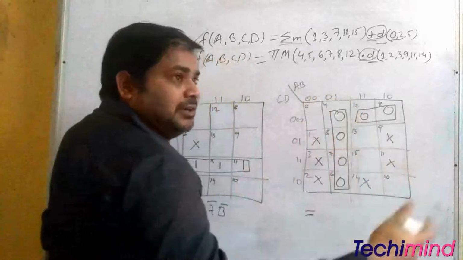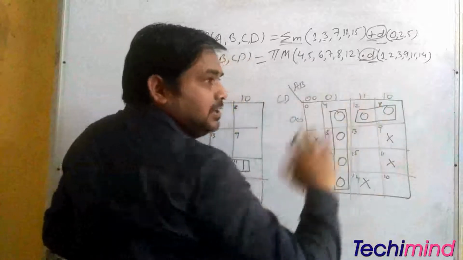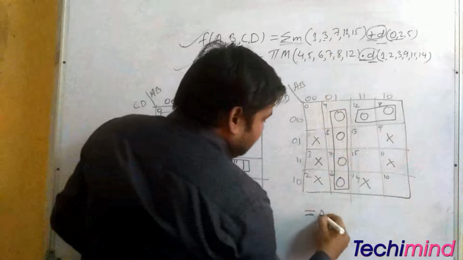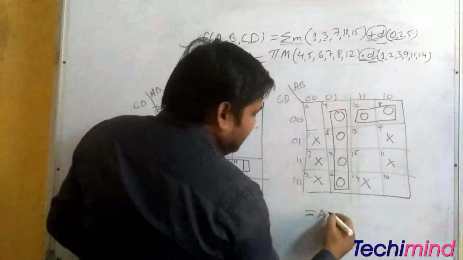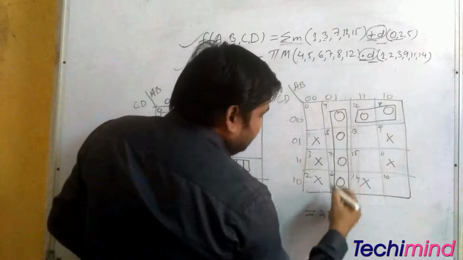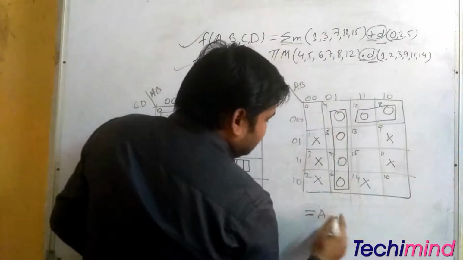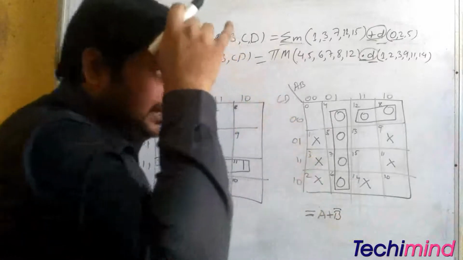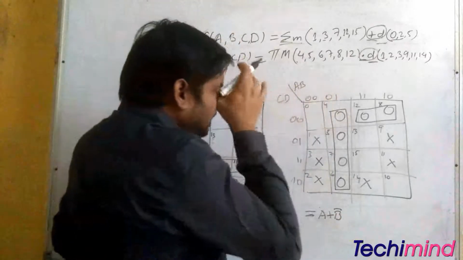When we convert into OR form, just try to change the variable values. So for A naught we write A, and for B we write B naught. Here is the sign of OR gate, because in those two it was the sign of AND gate.